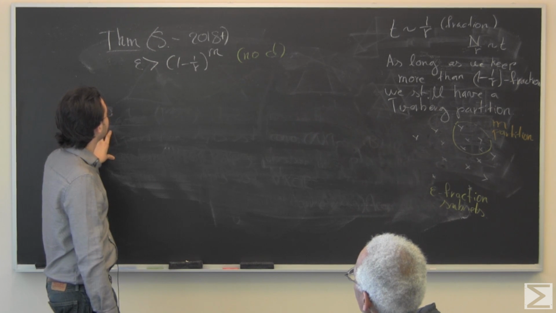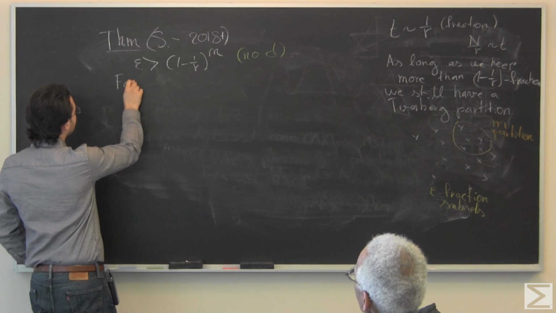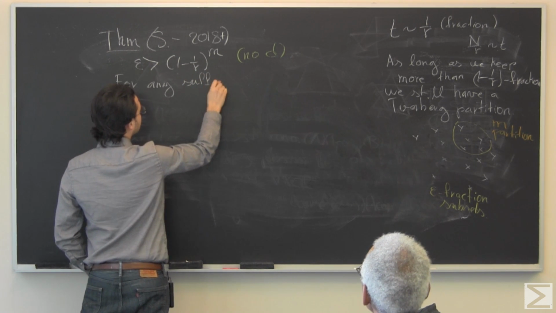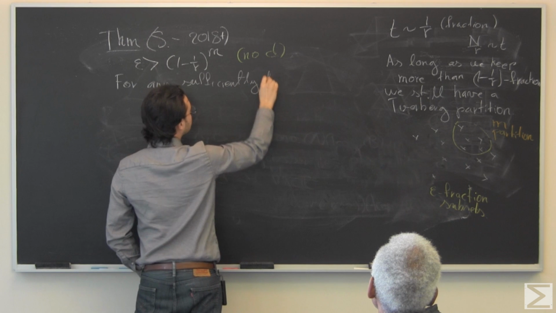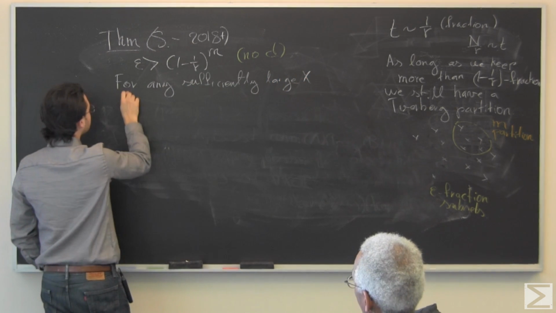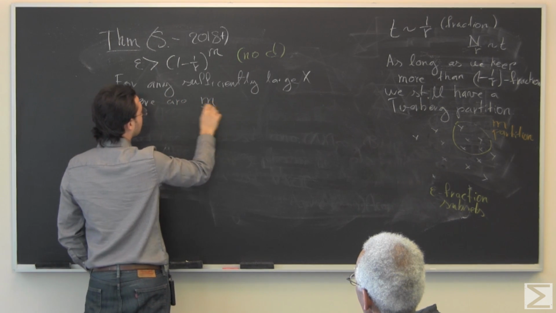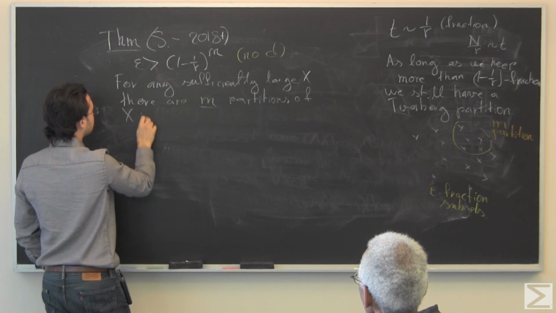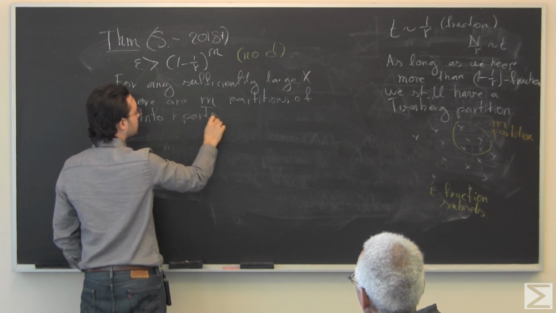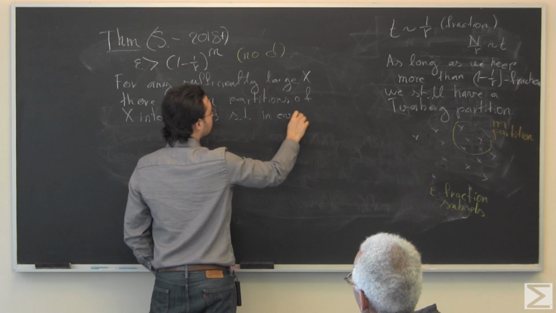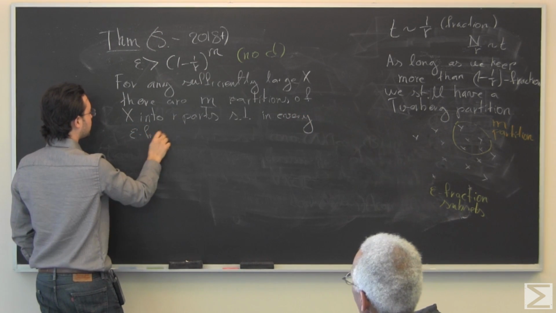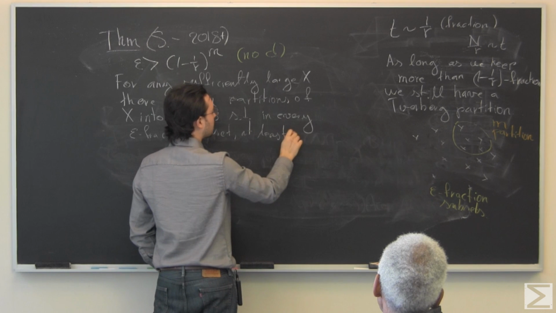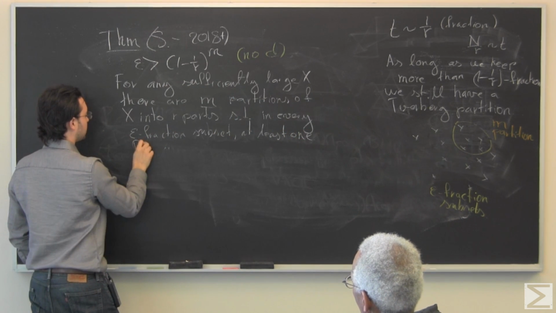Okay. So the big statement here is that if you have this condition, then for any sufficiently large x, there are m partitions of x into r parts each, such that in every epsilon fraction subset, at least one partition induces a Tverberg partition.